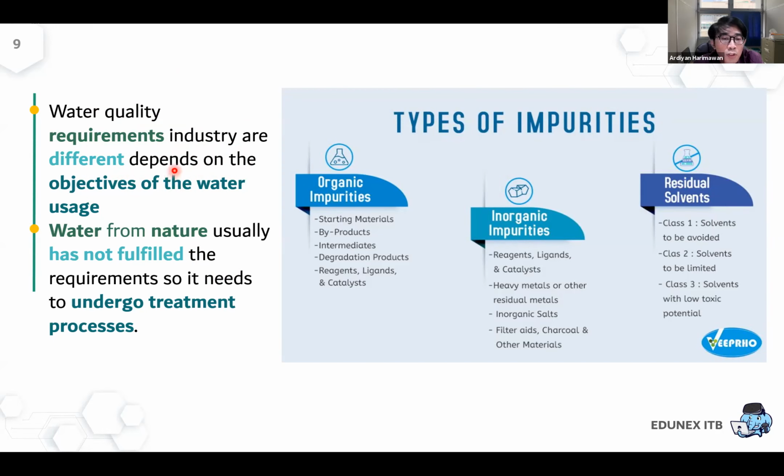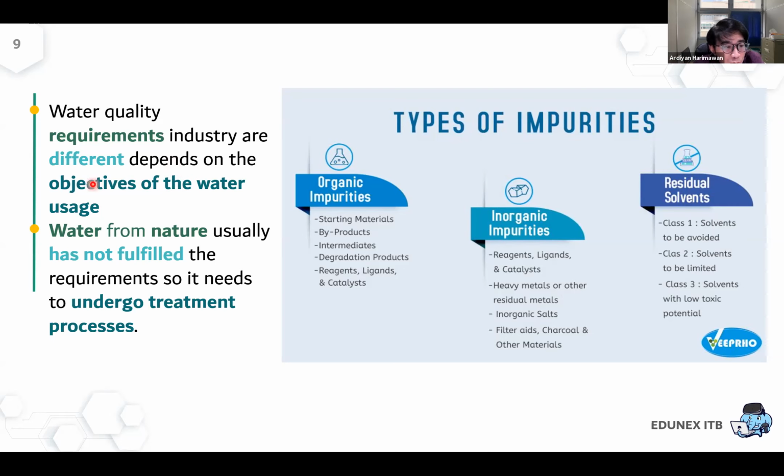Of course, the characteristics of the water that you need to generate steam will be different from the water that you need to produce a beverage. They are different characteristics.